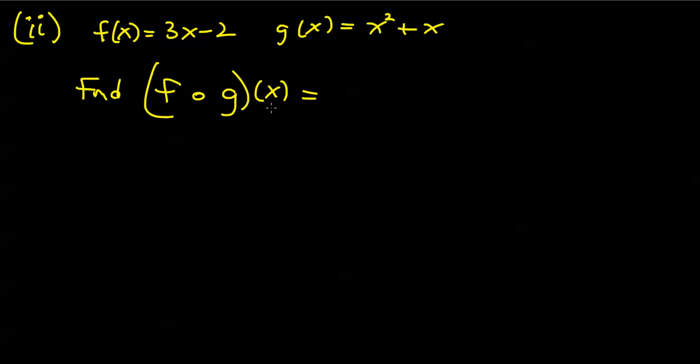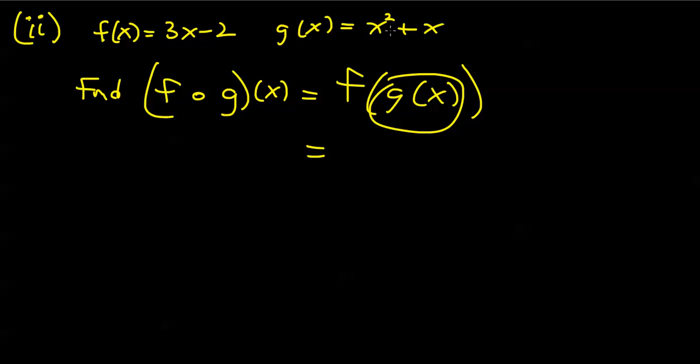Again, we're not at a particular value of x here. We're letting x be some unknown variable. And we're going to still evaluate at that variable. f of g of x is what we're looking for. Well, g of x is x squared plus x. So let me make that substitution.